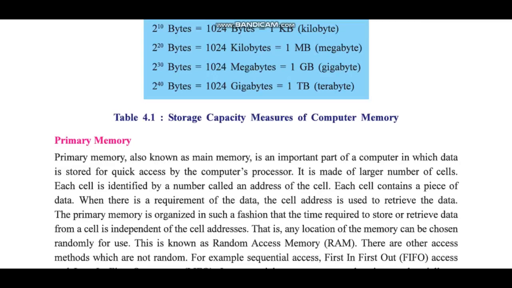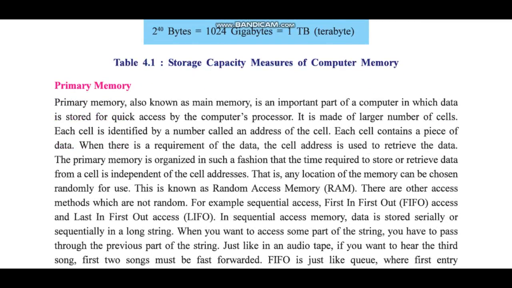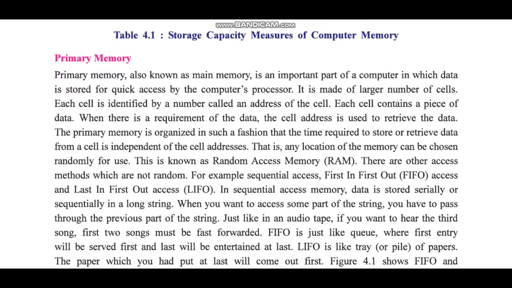Now, moving to the memories, first is primary memory. Primary memory is also known as main memory. So primary memory, also known as main memory, is an important part of a computer in which data is stored for quick access by the computer processor.